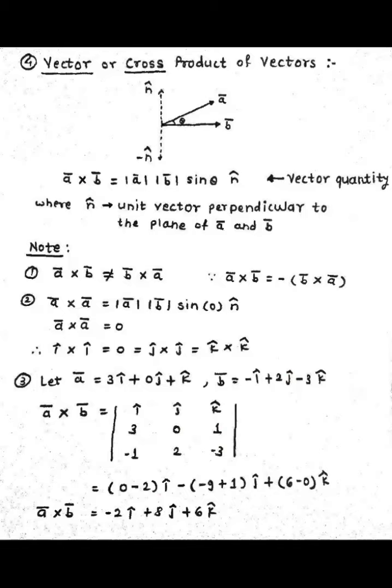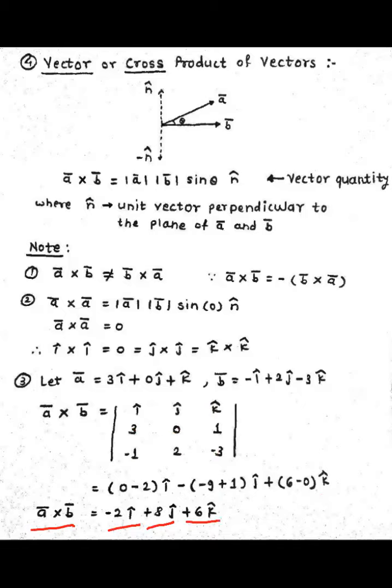Then take 3 into minus 3, it is minus 9, and minus 1 into 1, it is minus 1, and here minus becomes plus. Similarly, for the column of k cap, take 3 into 2, it is 6, and minus 1 into 0, it is 0. After simplifying, you will obtain the cross product answer: minus 2i cap plus 8j cap plus 6k cap.